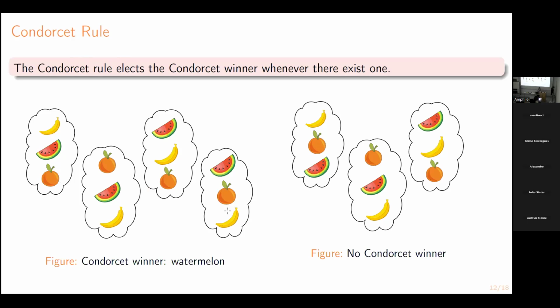So you have 3 votes that prefer the watermelon to the orange. And it also wins against the banana 3 times, here, here, and here. So you have a majority of votes that prefer the watermelon to the orange, and a majority of votes that prefer the watermelon to the banana. So here, the watermelon is a Condorcet winner. And here you have a cycle. You don't have any Condorcet winner.